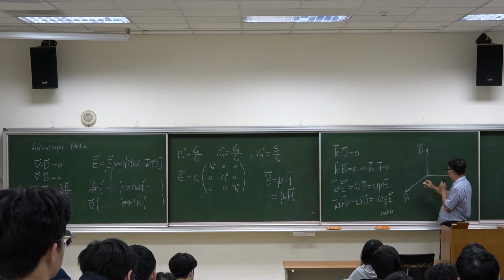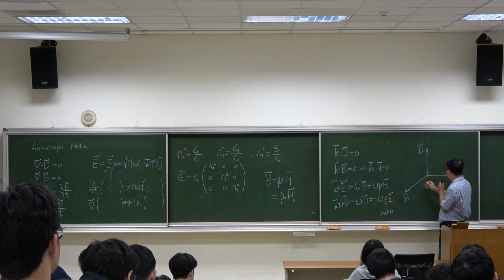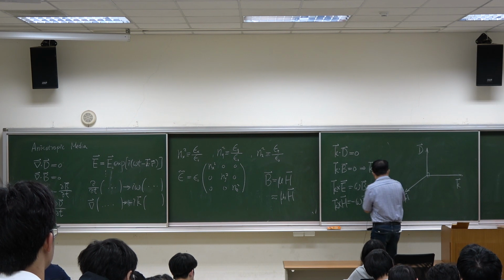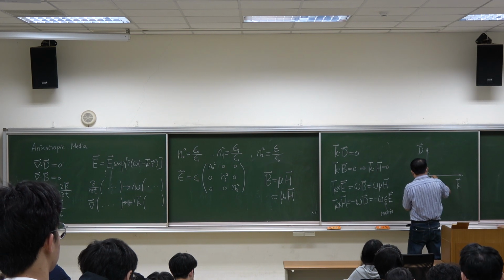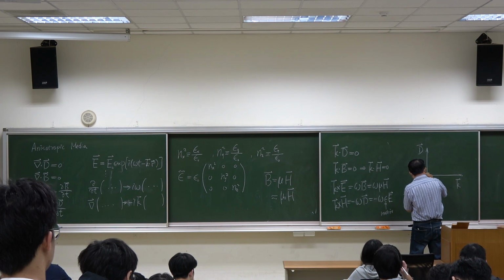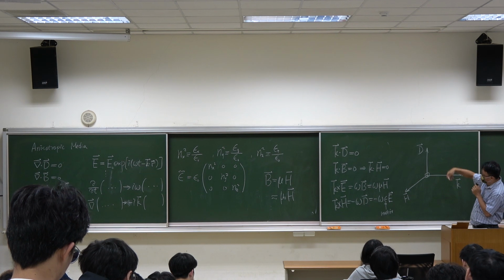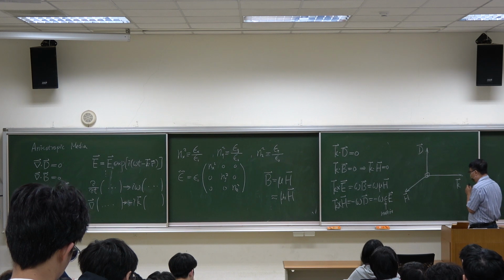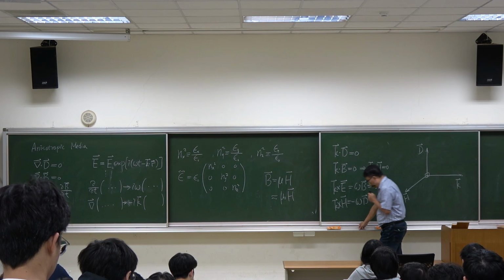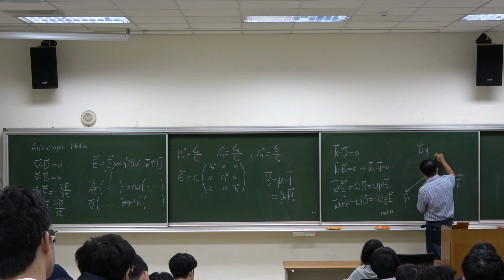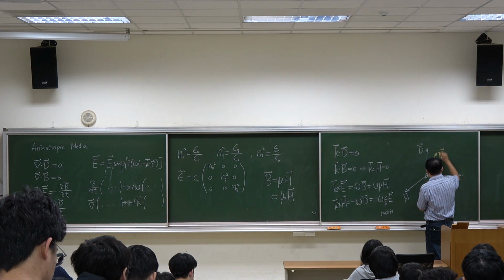So this means that these three vectors are perpendicular to each other. And how about the E vector? In general, the E vector looks like this.